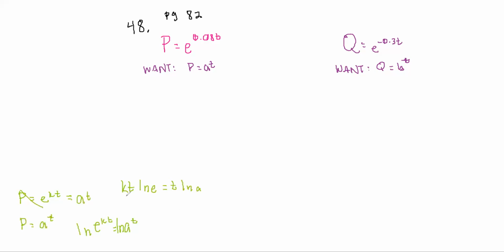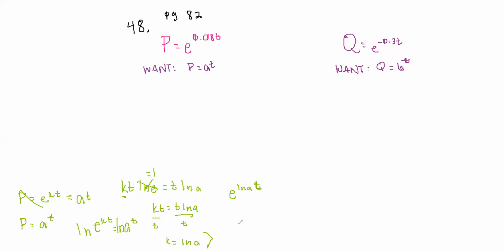And this is going to help us find what k is, because we know that ln e is equal to 1. So kt is equal to t ln a. We can divide both by t. So k is going to be equal to the natural log of a. So we have all of this that we know. We know that e to the ln a to the t works.